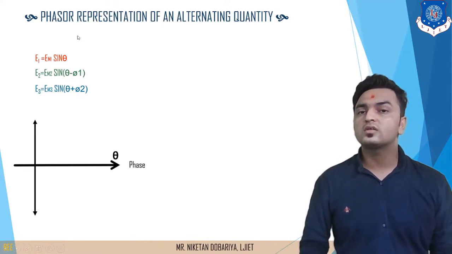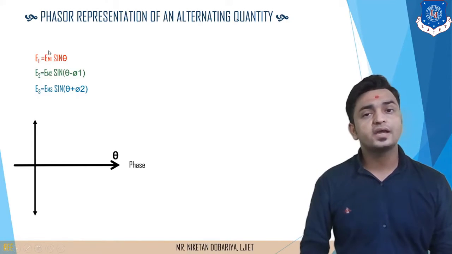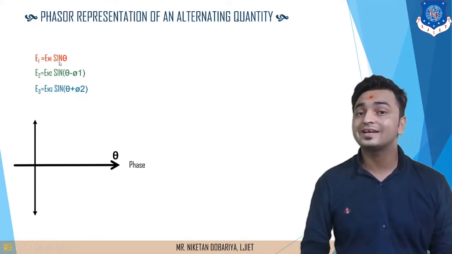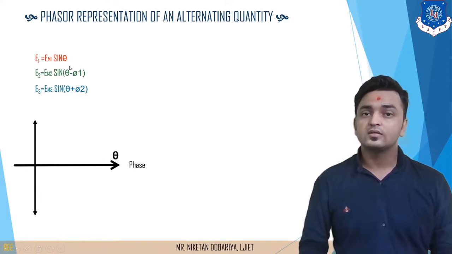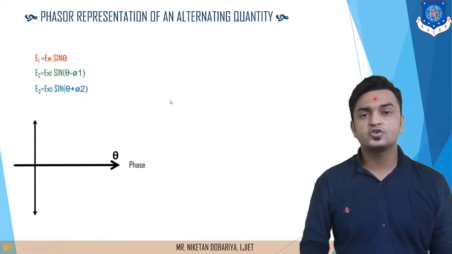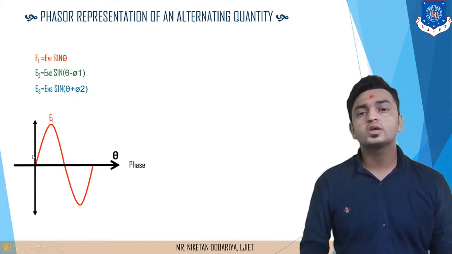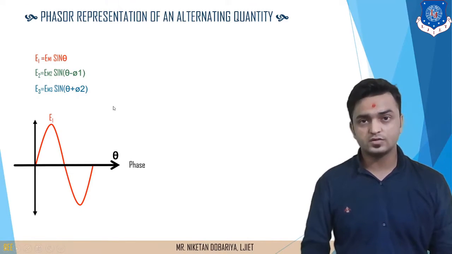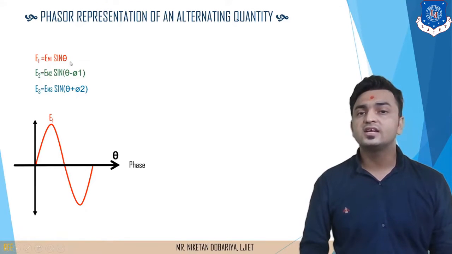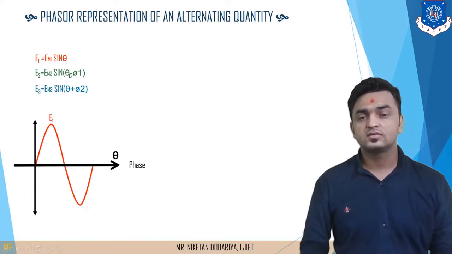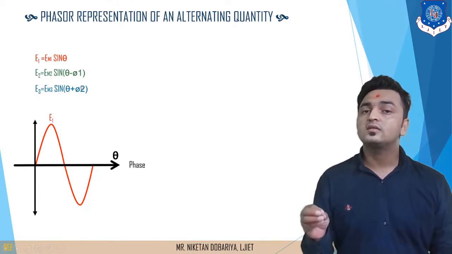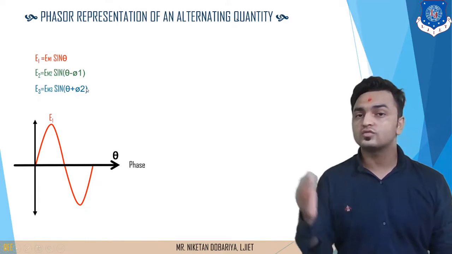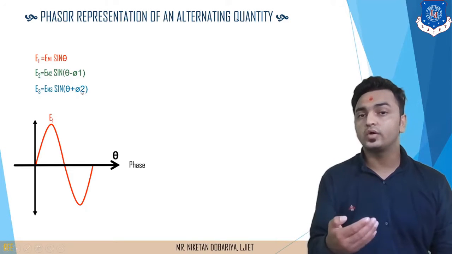If you want to plot this equation, here we have the magnitude or peak value of the first, that is EM1, and this waveform is in the form of a sinusoidal wave. So this is going to be the waveform for this given equation. As this is sine theta and there is no plus or minus angle after this theta, when we consider the angle equal to 0, sine 0 gives the 0 value.